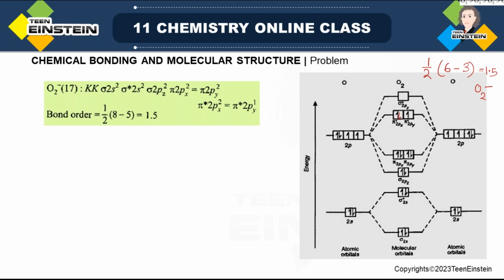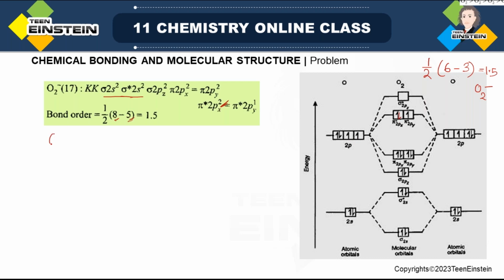In this way also, 1 extra electron, as you can see, and the total bonding electrons do not change, only this number is changing. So here it is 8 minus 5, because these two are also considered, but I have not considered them in the right hand side calculation, so that is why it is half of 6 minus 3. But whatever you are doing, you will always reach the same conclusion. So in this case, it is 1.5.